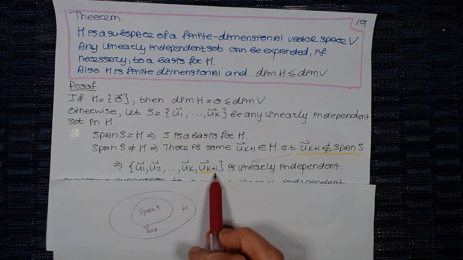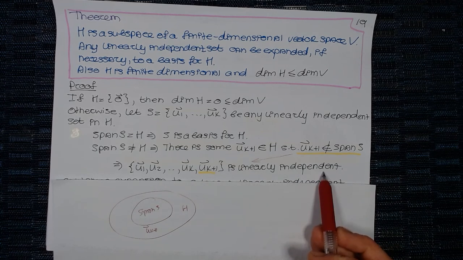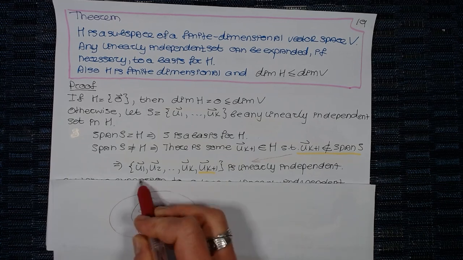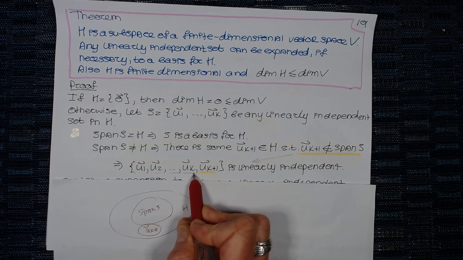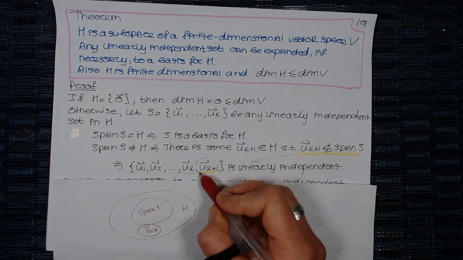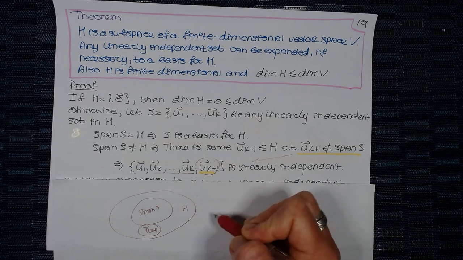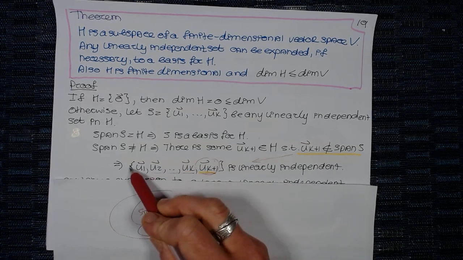Now, is this set linearly independent? It actually will be automatically linearly independent, because why? The original set u1, u2 through uk was linearly independent. By adding another vector, my set would be linearly dependent if this vector is a linear combination of the preceding vectors.